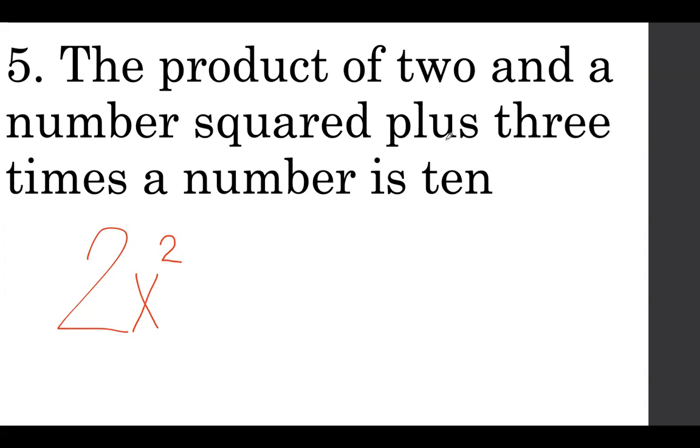Then we're having plus 3 times the number. So now we're going to add 3 times a number, or in other words, 3 times a variable, like 3x. Keep the same variable. We have 2 different phrases of a number, but that doesn't mean it's a different variable. And then we just have is 10.